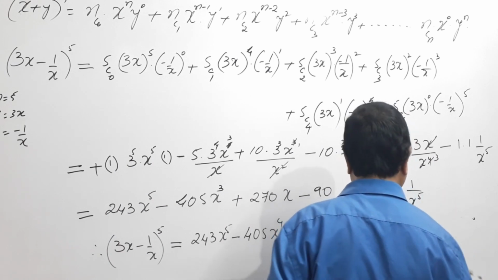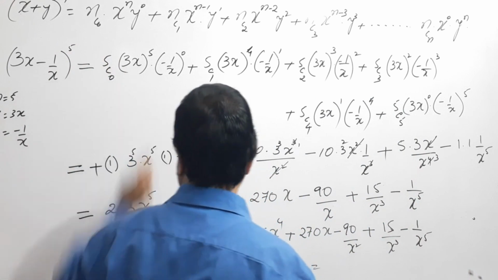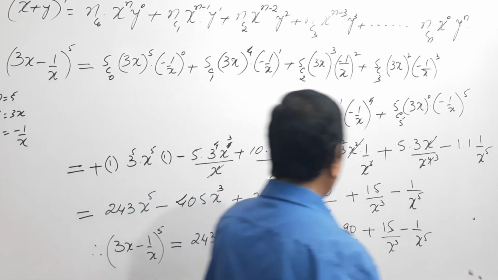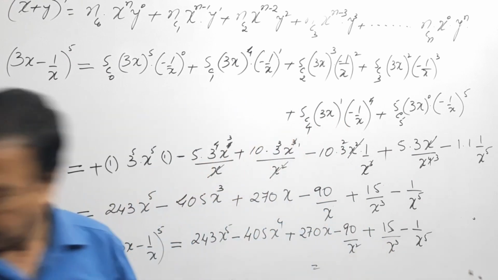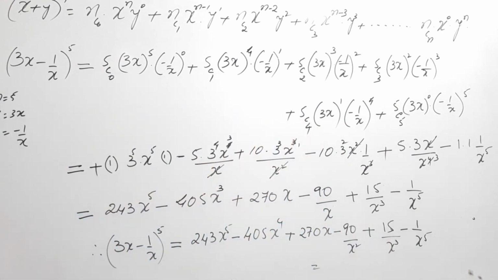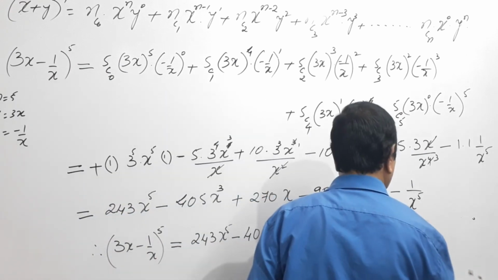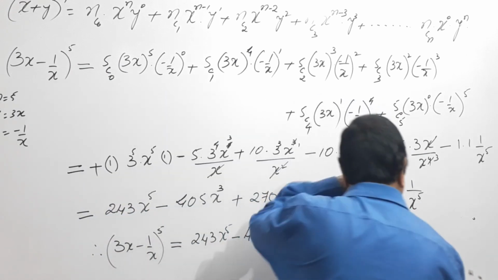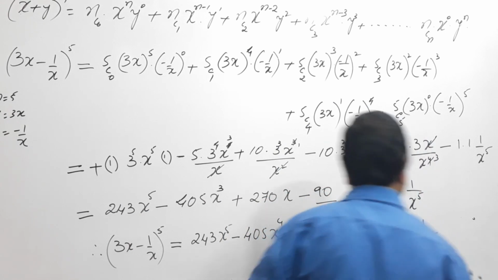power of 5, minus 1 by x to the power of 5. So since it is 5, 1, 2, 3, 4, 5, 6 terms. Minus 1 by x to the power of 5.